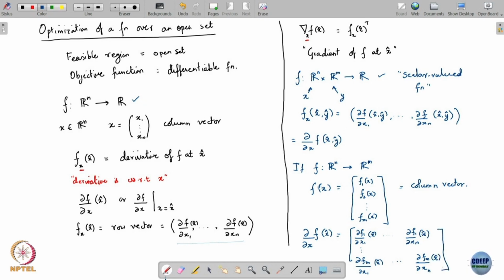There are multiple names for this. You can call it the derivative of f at x hat. Another name for it is the Jacobian of f at x hat.